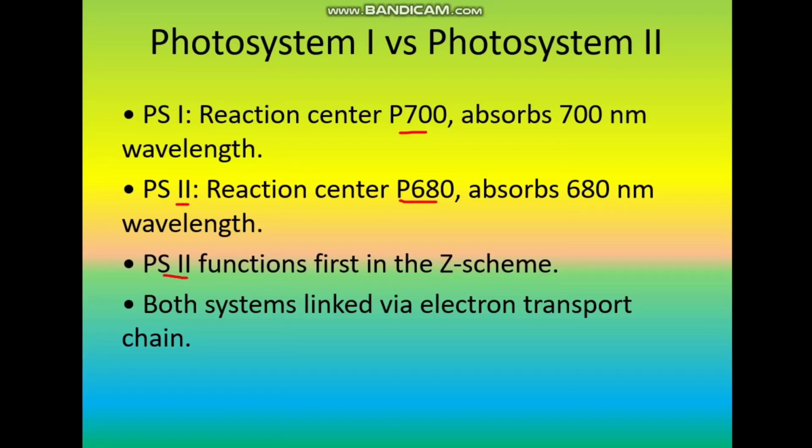Now PS2 functions in the Z scheme. This Z scheme will be part of our next topic, next class. And they both link through the electron transport chain. So definitely we're going to discuss the Z scheme and the electron transport chain in our next session. But for now just understand that the reaction center of PS1, which has chlorophyll A in the center, is P700, and PS2 is 680.